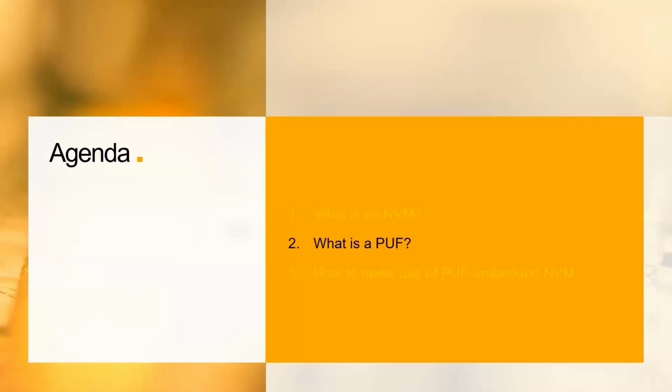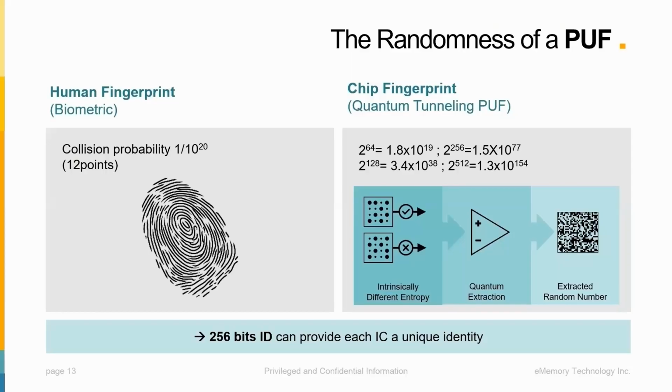Now with NVM explained, we can now move on to the next question. What is a PUF? PUF stands for physically unclonable functions, which are used in hardware security primarily for chip identification and authentication. They utilize natural cellular level variations inherent in silicon to create an unclonable, unique device response to a given input.